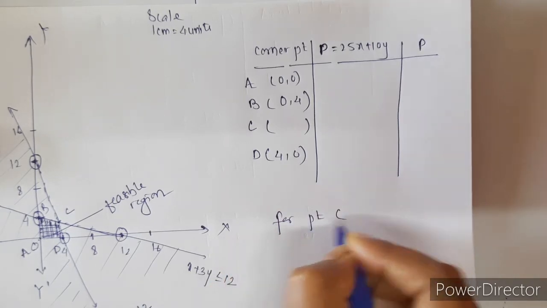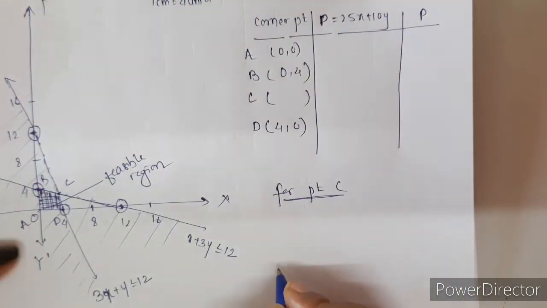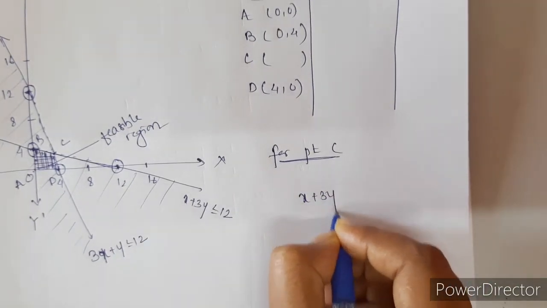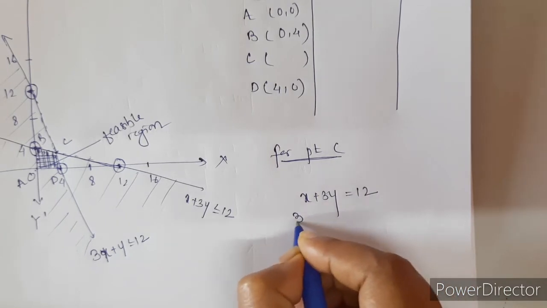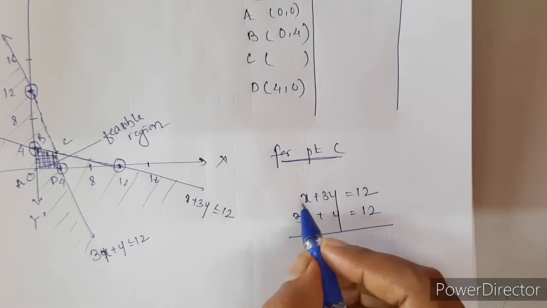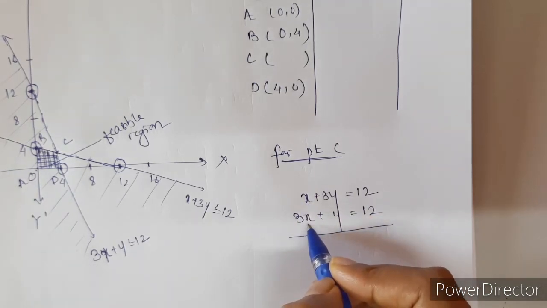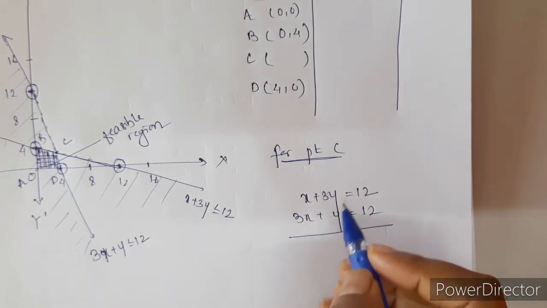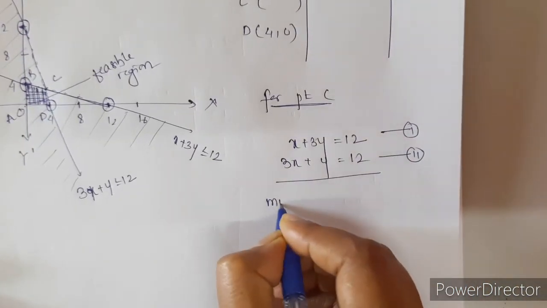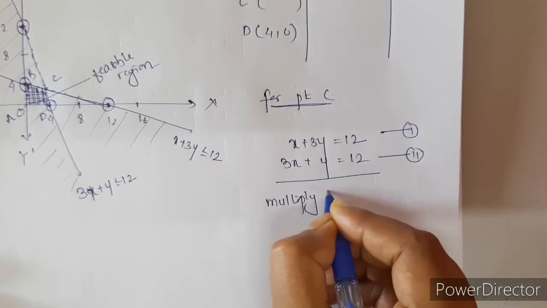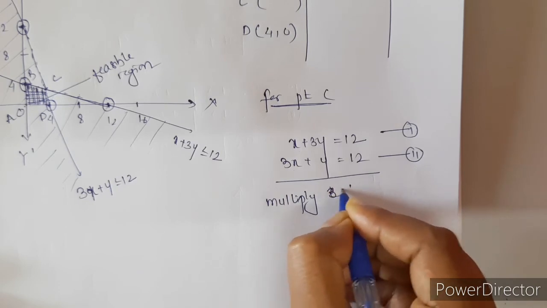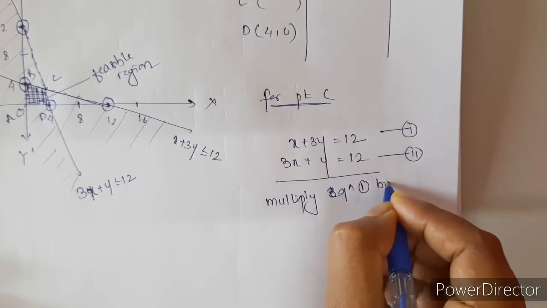So let's first find the value of C. For point C, the coordinates of C: these two lines are intersecting at point C, so we have to take the equations of these two lines, solve the equations and find the values of x and y. Now the coefficient of x is 1 and the coefficient of x in the second equation is 3. What I am doing is multiplying equation 1 by 3.